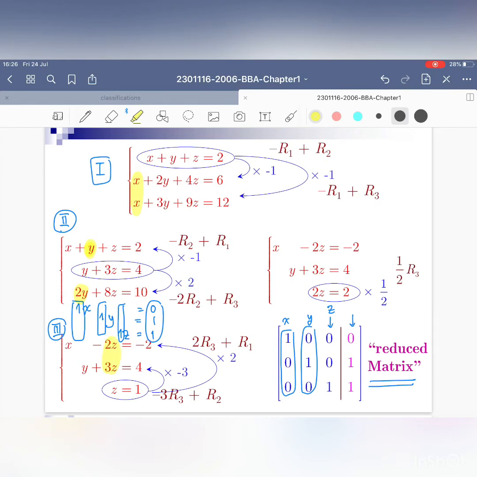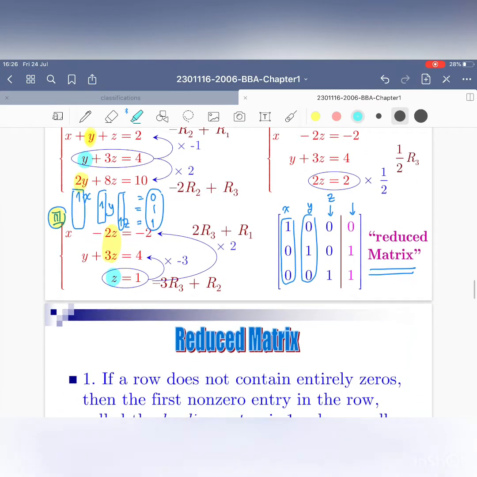For the first one, the thing that you will keep is your first x. For your second step, the thing that you keep is your second y. And for your last step, the thing that you are going to keep is your third z. And the rest you are going to eliminate or get rid of. Very good. So this is the kind of idea that we have.